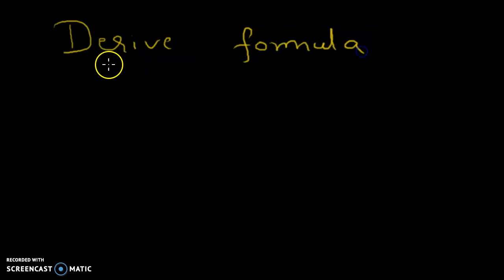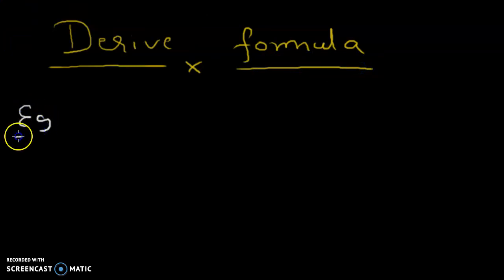Now the second importance of dimensional analysis is we can derive formulas. I'll show you how to derive a formula. Say for example, I gave you a problem and we analyze the force on a block, and as we analyze we came to know the force acting on the block is directly proportional to the mass of the block.